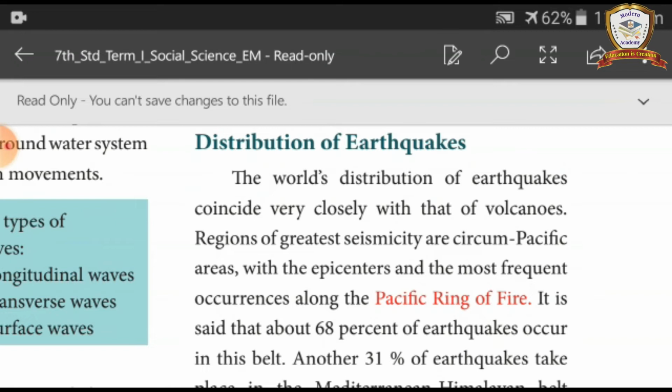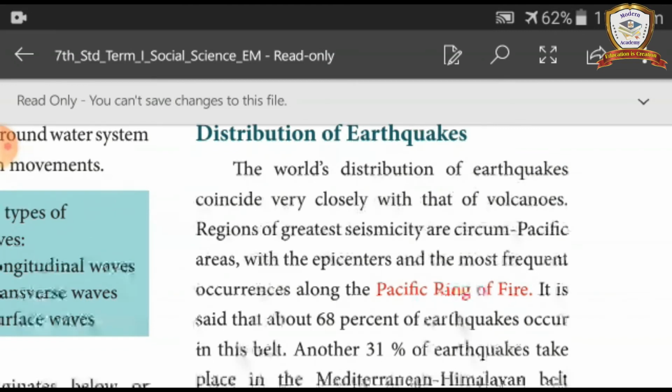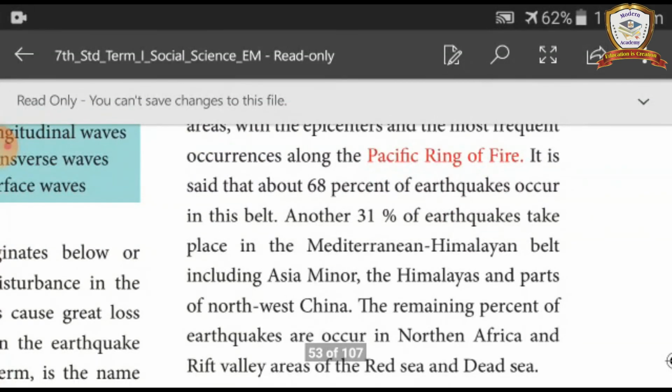Regions of greatest seismicity are the circum-Pacific areas, with the epicenters and the most frequent occurrence along the Pacific Ring of Fire. It is said that about 16% of earthquakes occur in this belt. Another 31% of earthquakes take place in the Mediterranean-Himalayan belt, including Asia Minor, the Himalayas, and parts of northwest China.